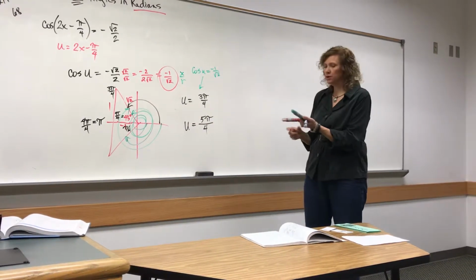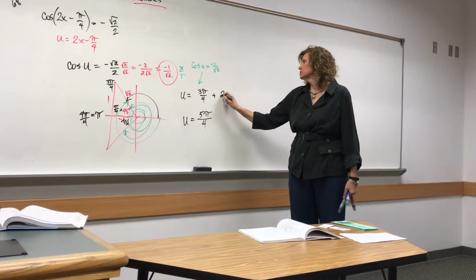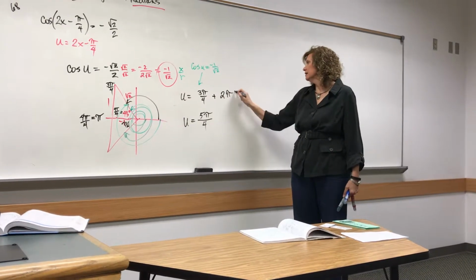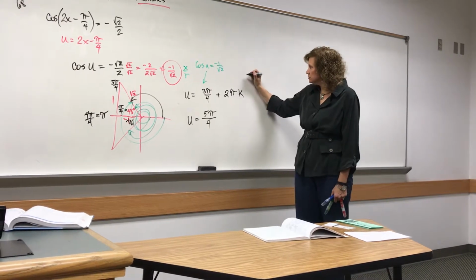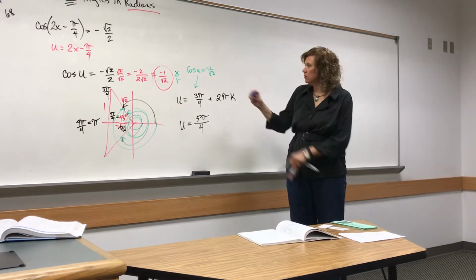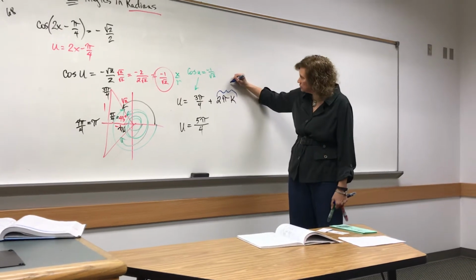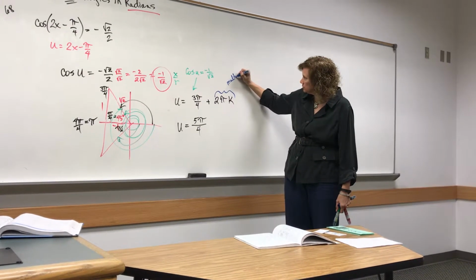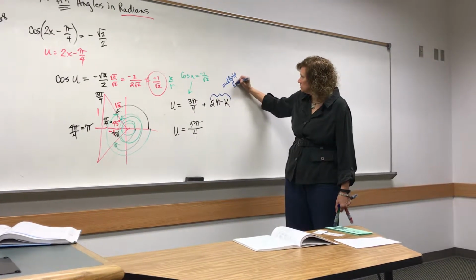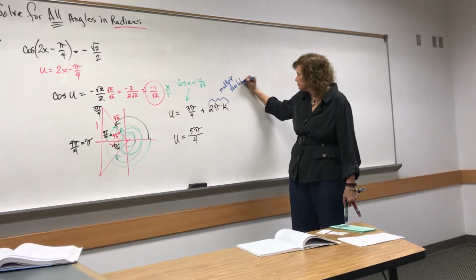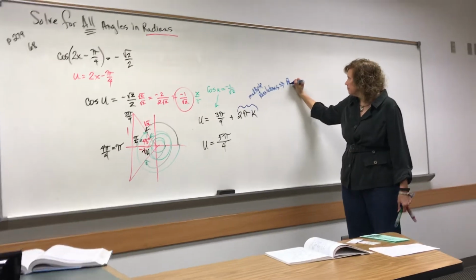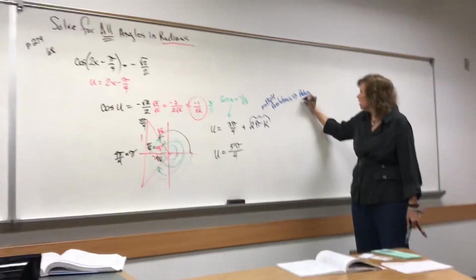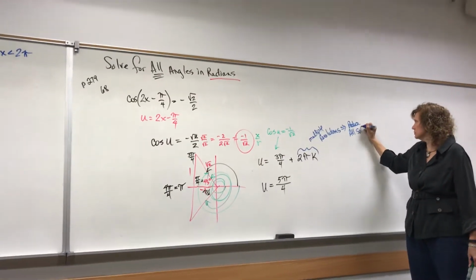So we are going to add 2 pi k, where k is an integer, so this right here is going to account for multiple revolutions, which is going to produce all solutions.